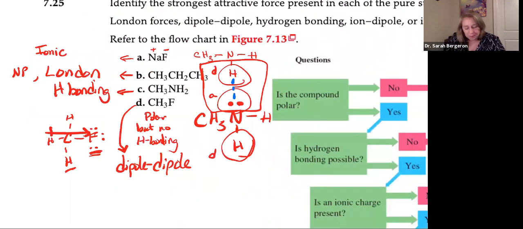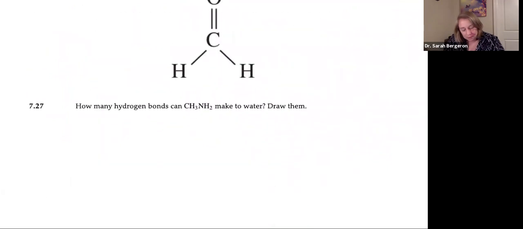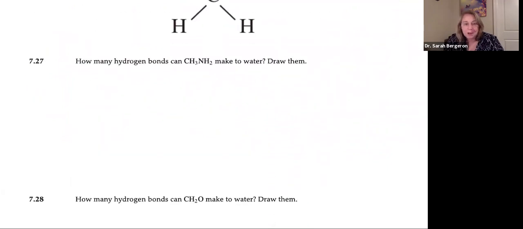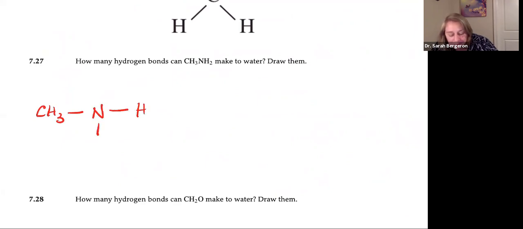All right. What about that? Going to go down. How many hydrogen bonds can CH3NH2 make to water? Draw them. Okay, so CH3 is bound to a nitrogen, and that nitrogen is bound to 2 hydrogens. What else is on the nitrogen?